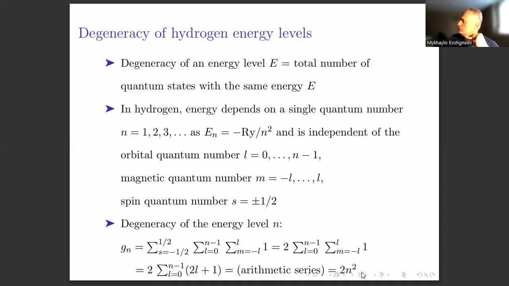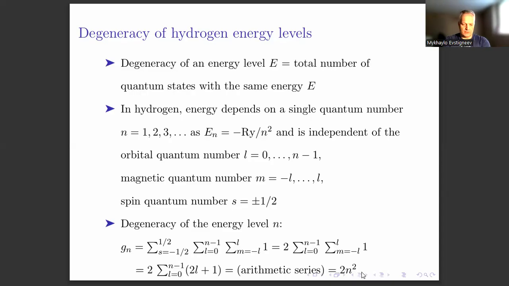The degeneracy of the first excited state, n equals 2, is 8. The next excited state, n equals 3, has the degeneracy 18, and so forth.